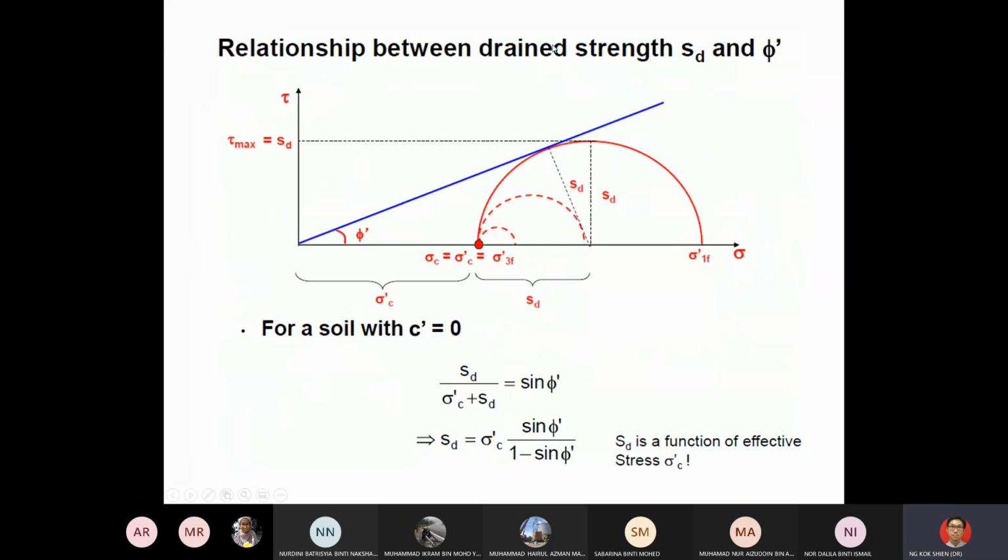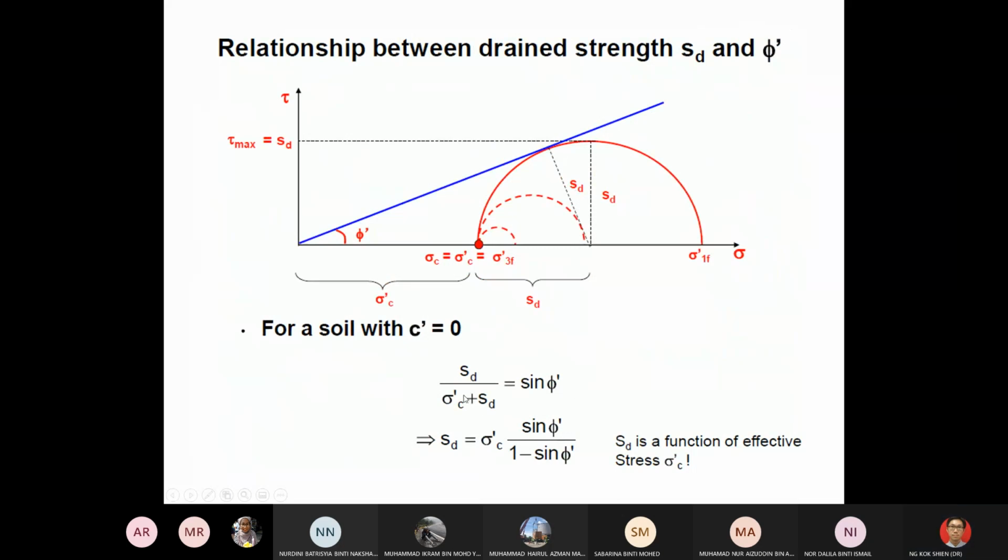Now let's look at the drained strength first. You can predict the drained strength if you have the friction angle. For soil with effective cohesion equal to 0, the expression is very simple.